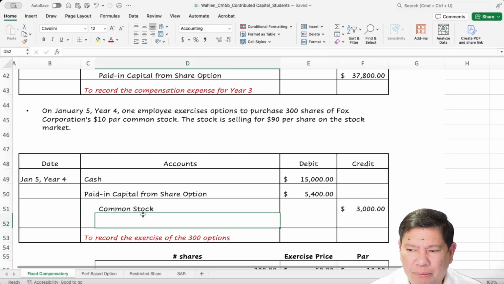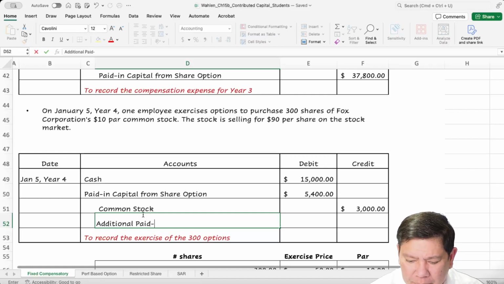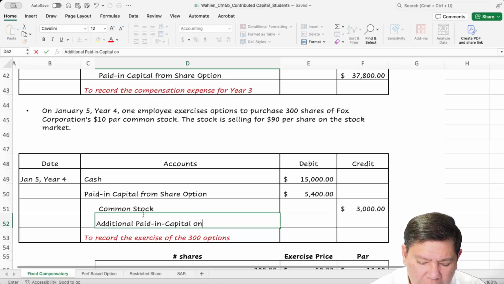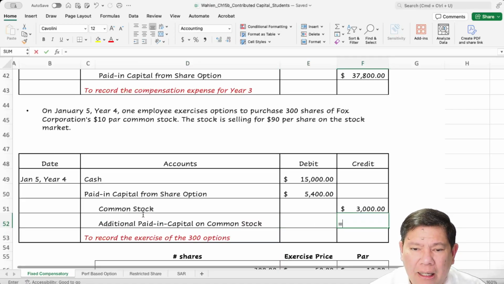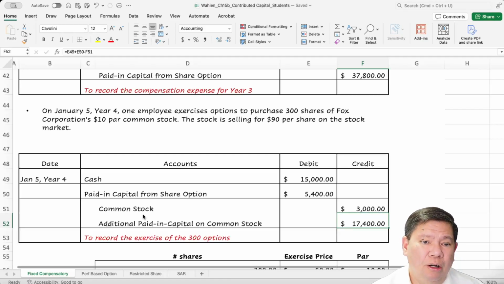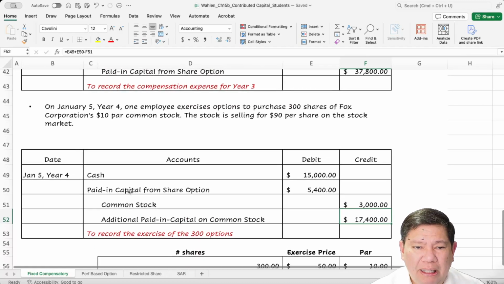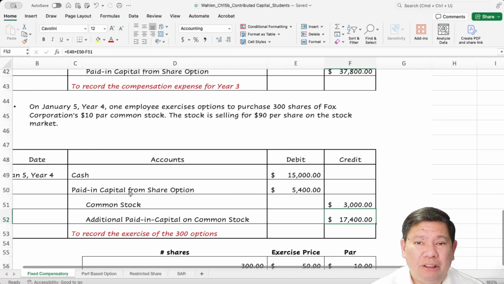And the difference will go to additional paid-in capital on common stock, which equals 15,000 plus 5,400 minus 3,000, $17,400.